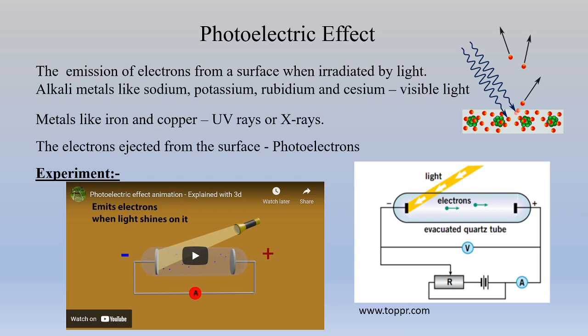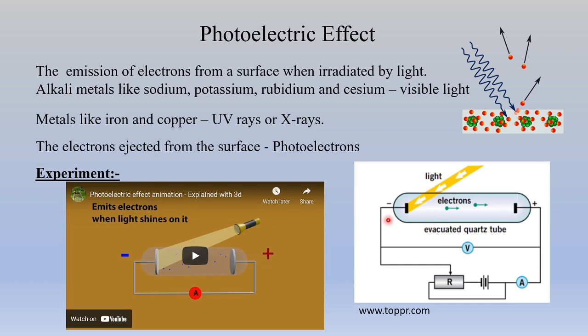Here we can see an experimental arrangement. Here there is an evacuated glass chamber in which a silver plate that is coated with cesium and another metal plate are placed inside the evacuated glass chamber.